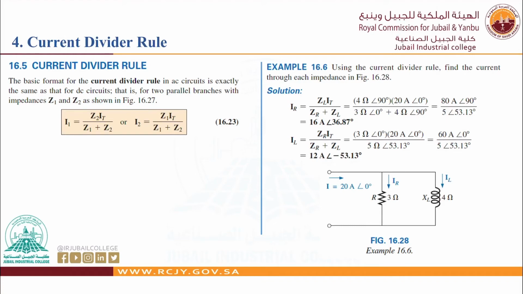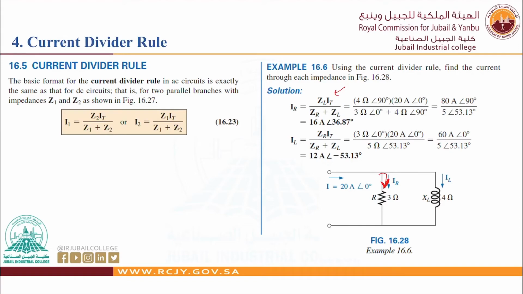Now, as you can see here, we can define a current divider rule, and we can use it. This is just one example because you already have taken it in circuit 1, so no need to repeat. If I want to find the current in this branch, IR, through the resistor, I apply this formula: IR is ZL multiplied by I total over ZR plus ZL.